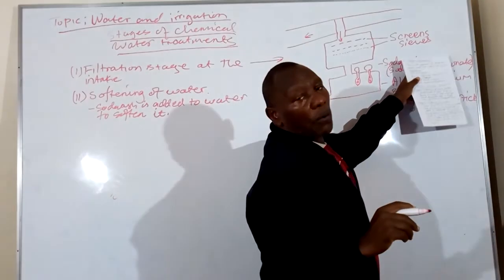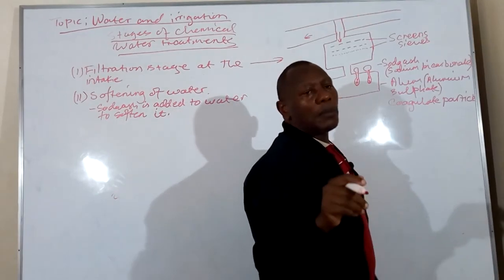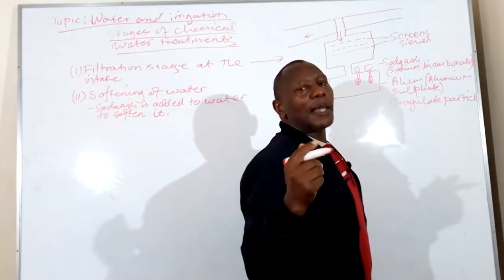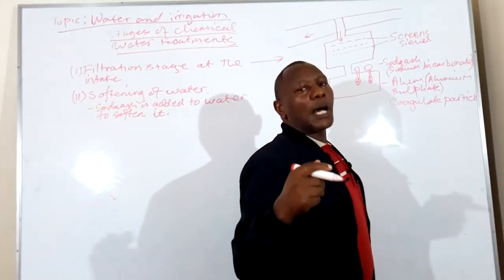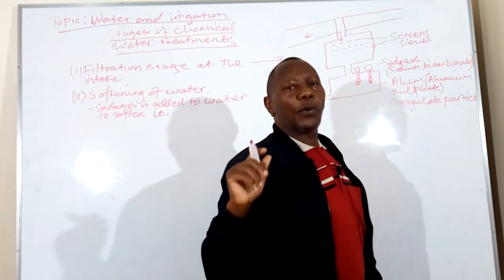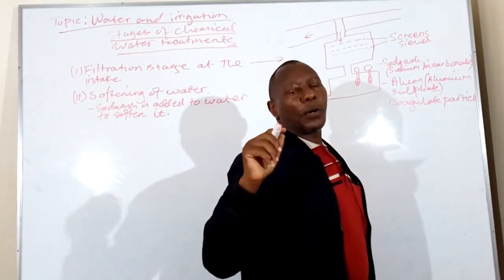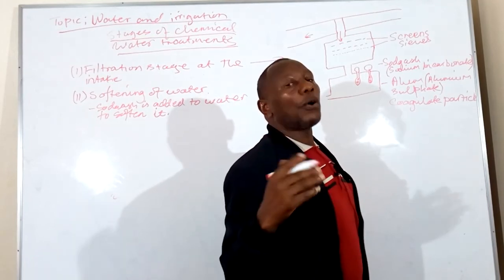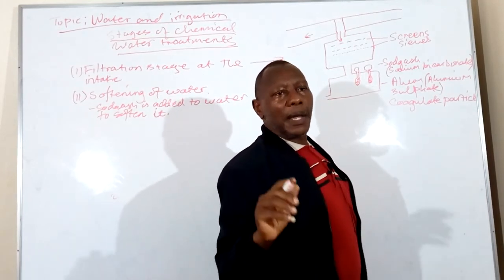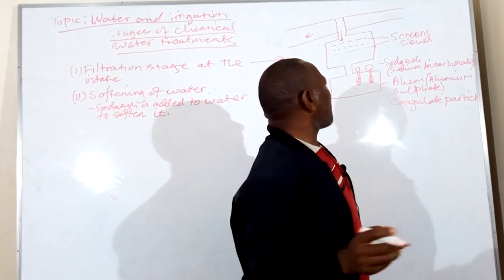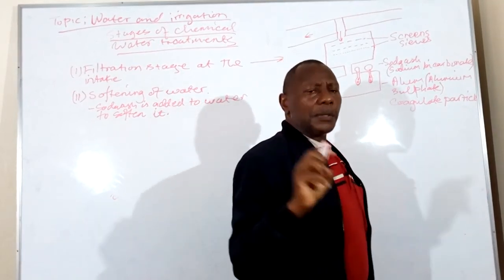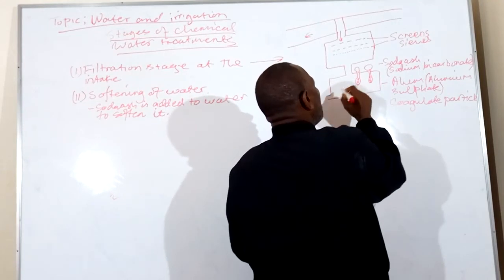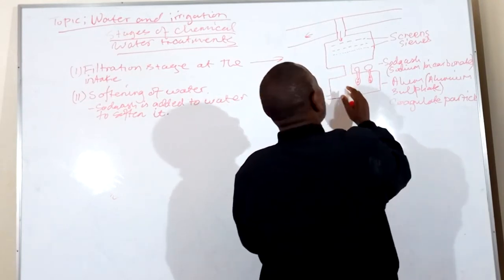Soft water will produce foam more easily than hard water. Hard water is very difficult to produce foam, especially for cleaning materials in the farm, like utensils or other gadgets in the farm. So this particular stage is referred to as softening.